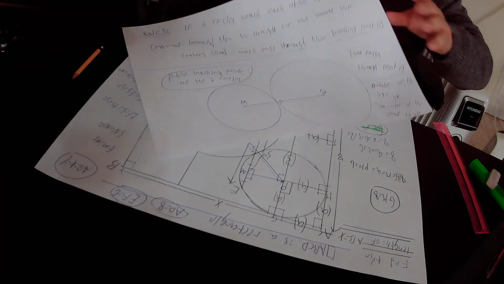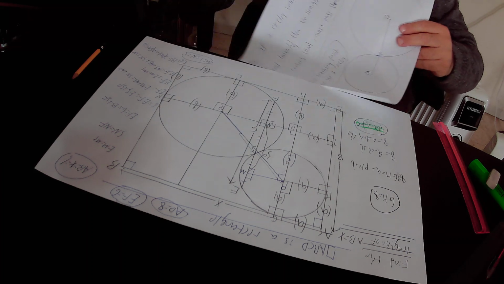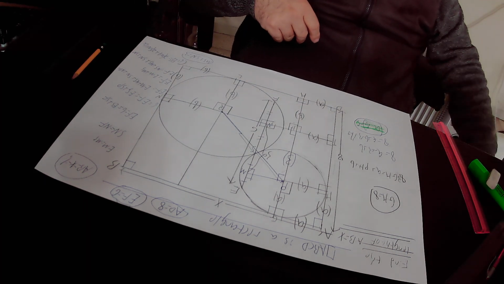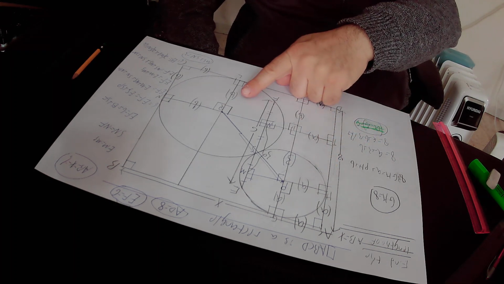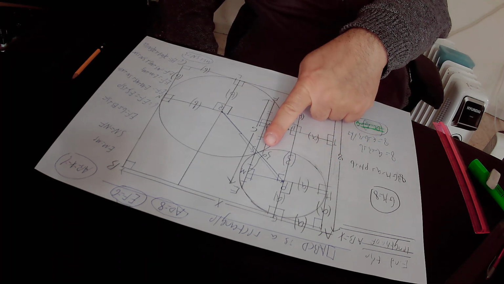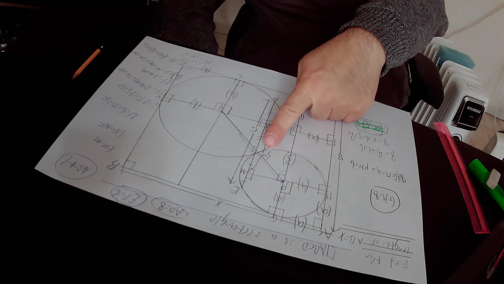Actually, you can implement rule 10 in our drawing. Well, because the small circle touches the big circle here at point S. Point S is their point of tangency, or their touching point.